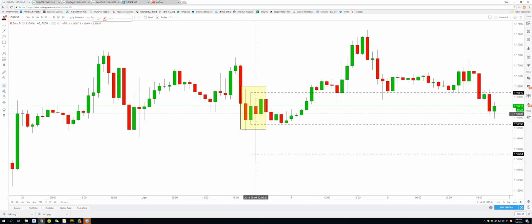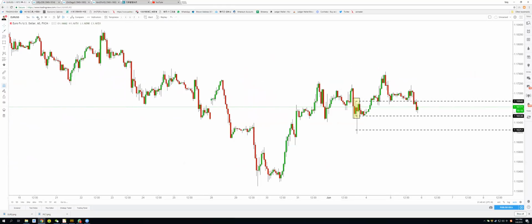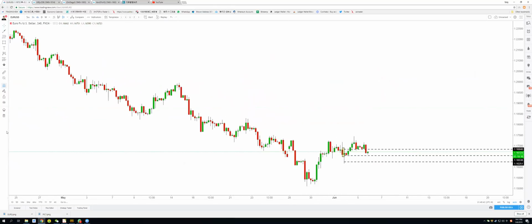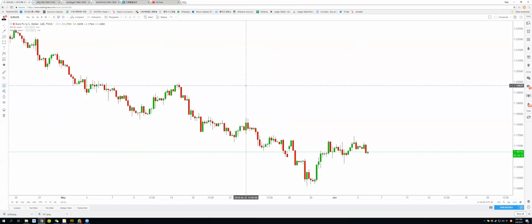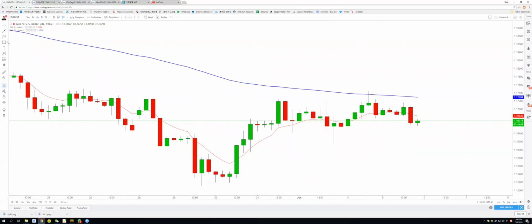So if you catch the trade on the inside bar, you should take some profit at 1.1625, and the rest will hit the break even stop loss, and you can reshort when the euro comes back to the 4-hour 89 EMA, which is here. So this week, we have the 89 EMA here, and there is a pin bar formed.